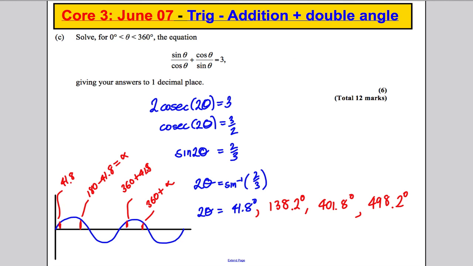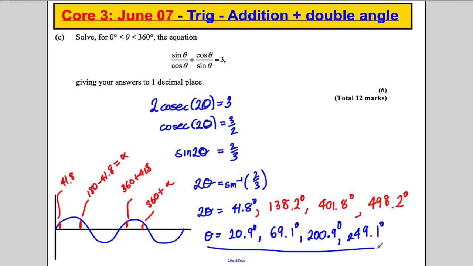So halving everything to find theta. What is theta? Theta is therefore 20.9 degrees, 69.1 degrees, 200.9 degrees, and 249.1 degrees. And they are our answers.